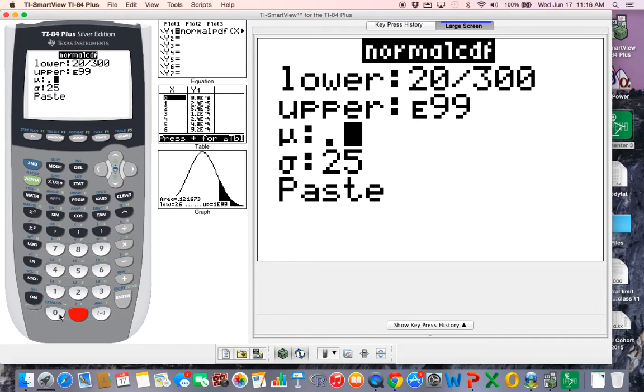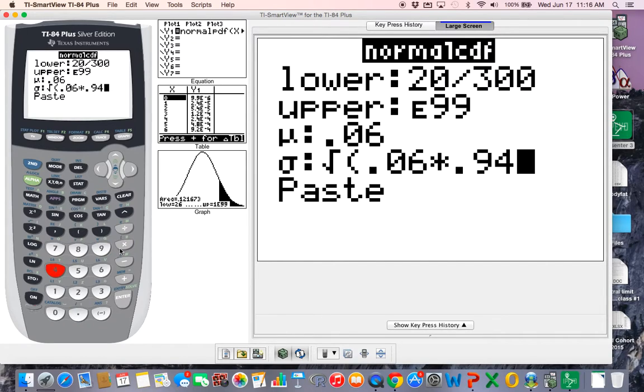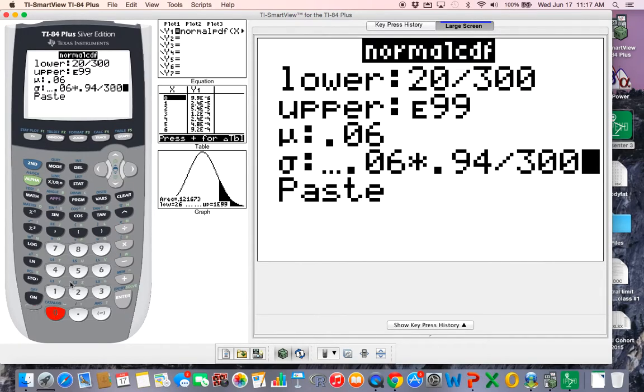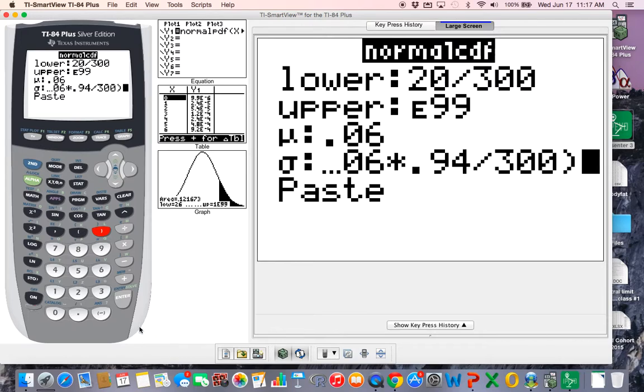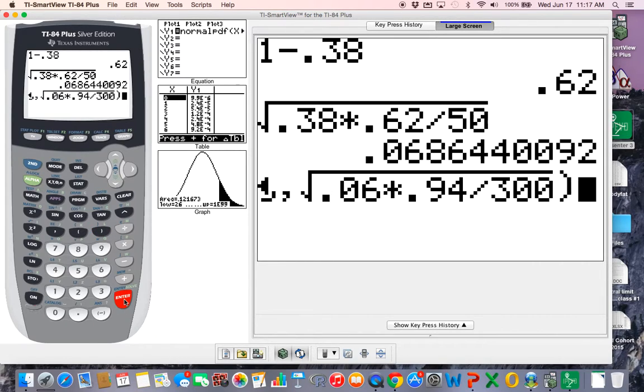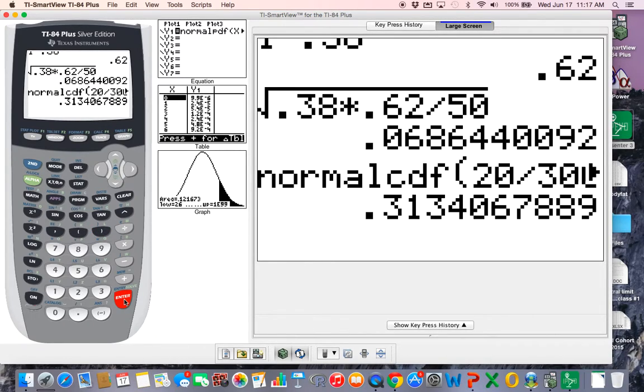My mean is 0.06. My standard deviation is the square root of 0.06 times 0.94 divided by my sample size, which is 300. Paste it, hit enter, and I get a value of 0.3134.